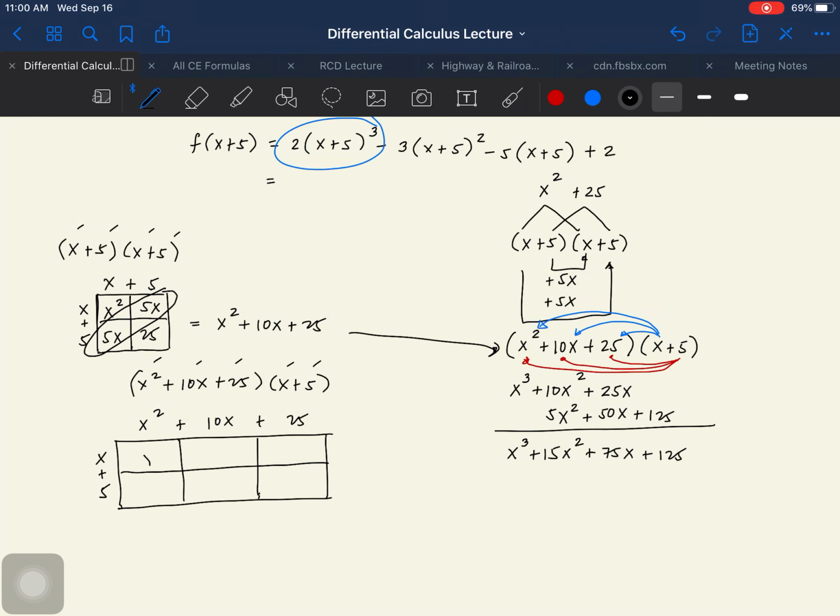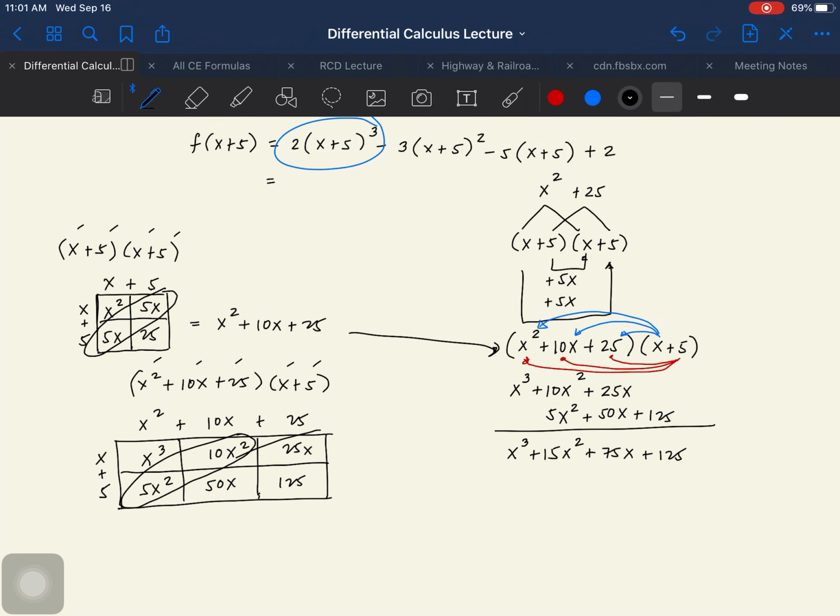So x squared times x is x cubed. 10x times x becomes 10x squared. Then 25 times x is 25x. X squared times 5 is 5x squared. 10x times 5 is 50x. Then 25 times 5 is 125. So observe that the diagonal has the similar terms.